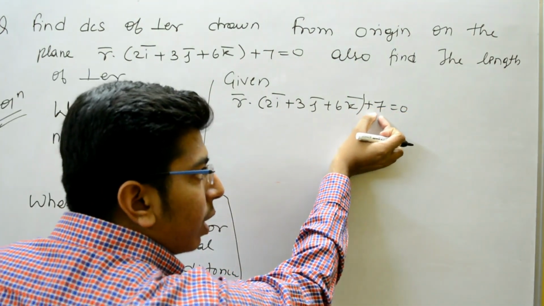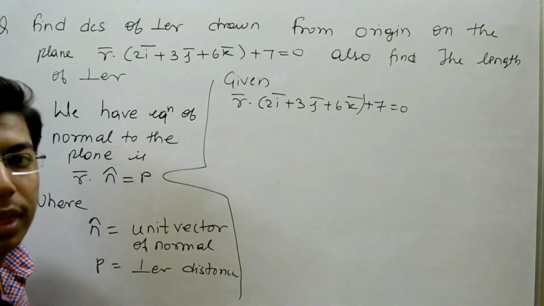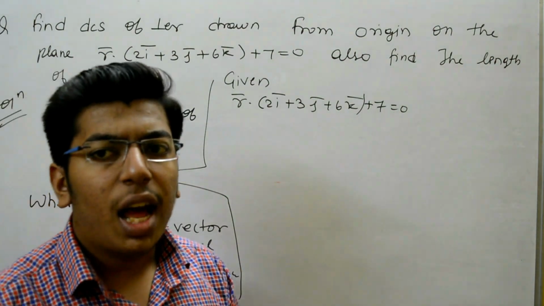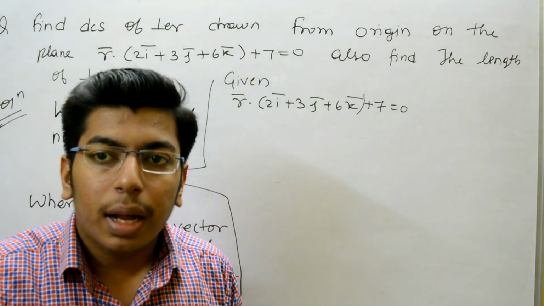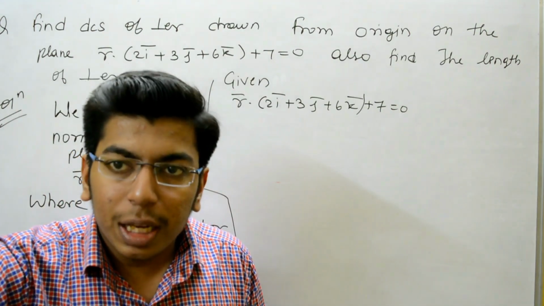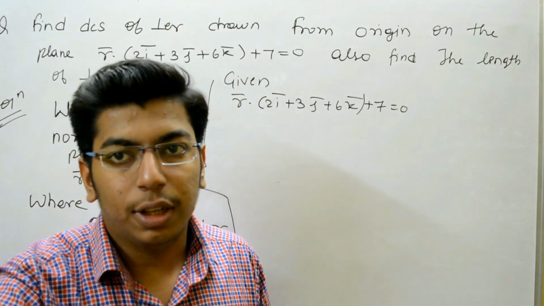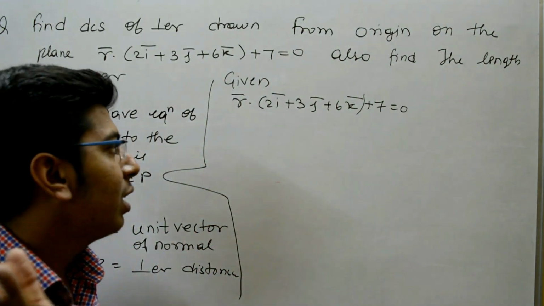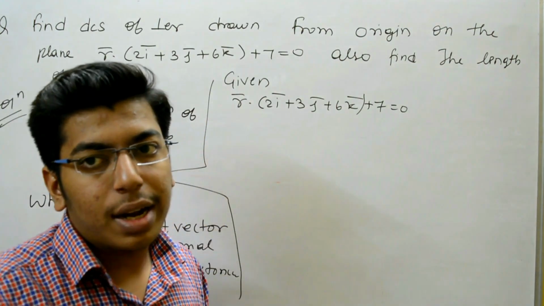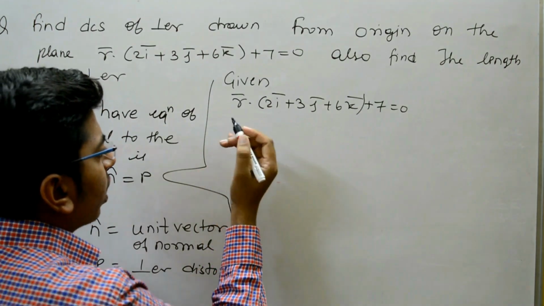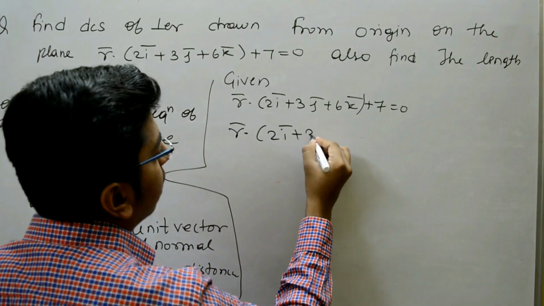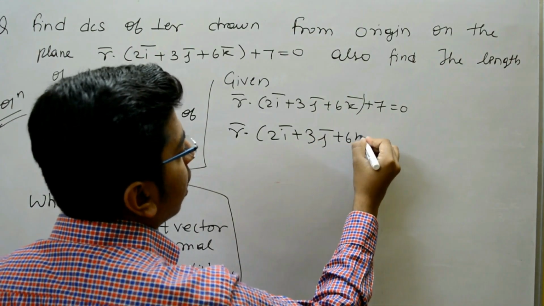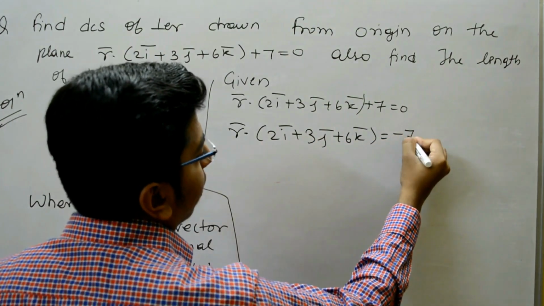So transfer this 7 to the right hand side, because in our equation of the plane r bar into n bar is equal to p, this p is on the right hand side. So the equation will become r bar into 2i bar plus 3j bar plus 6k bar is equal to -7.